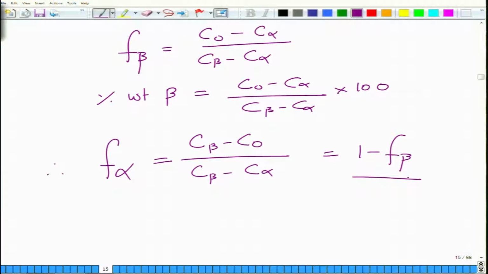So this is how you derive the lever rule, which is essentially based on the principle of mass conservation. Basically, in a two-phase mixture, the weight fractions for a given composition add up to 1. So consider you have 100 grams. The 100 grams will have a certain amount of alpha and a certain amount of beta. So you can calculate the weight fractions, and those weight fractions must add up to 1.